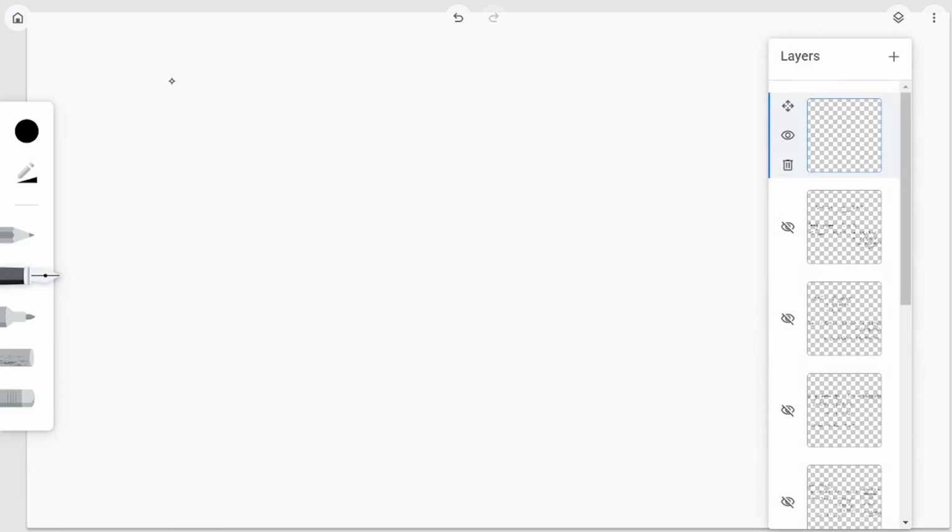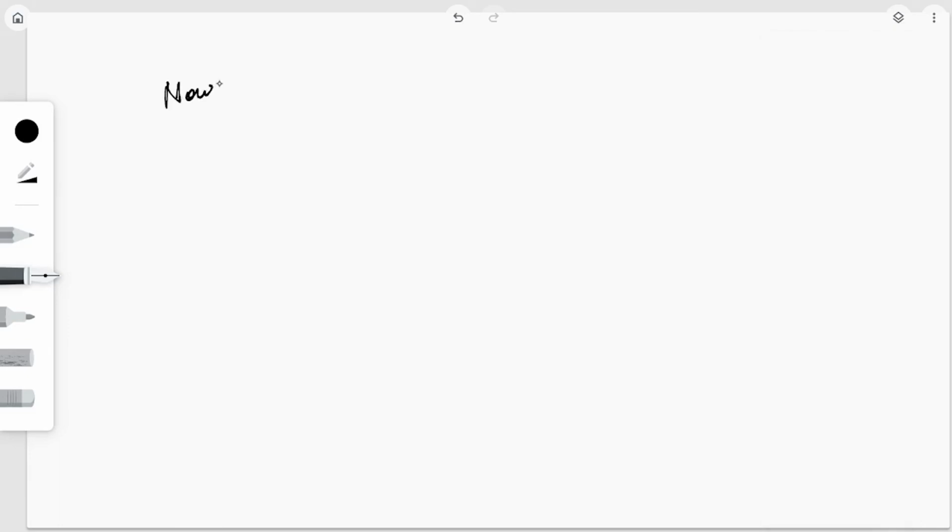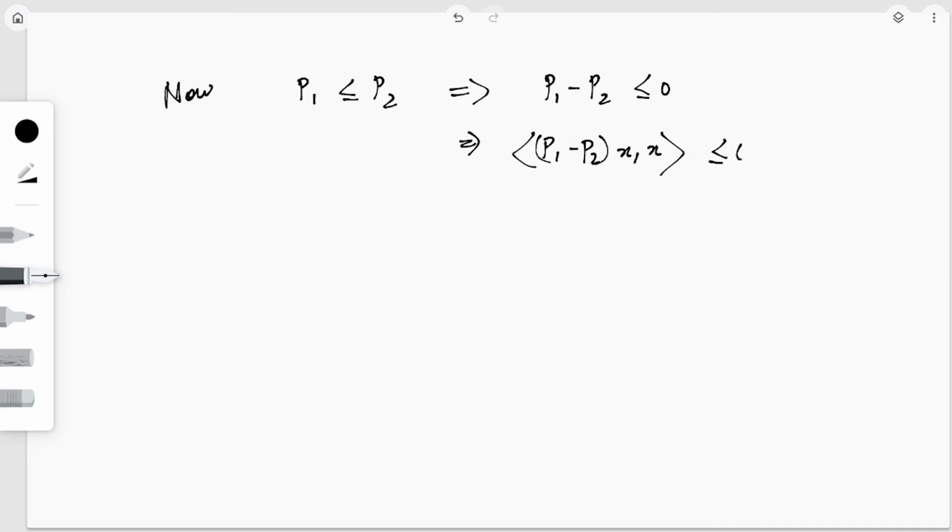Now P1 is less than or equal to P2 implies P1 minus P2 is less than or equal to 0, which further implies the inner product of (P1 minus P2) of X comma X is less than or equal to 0.